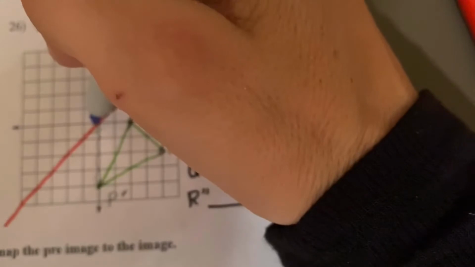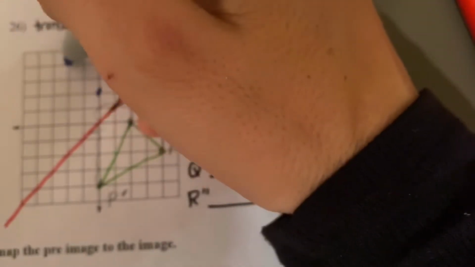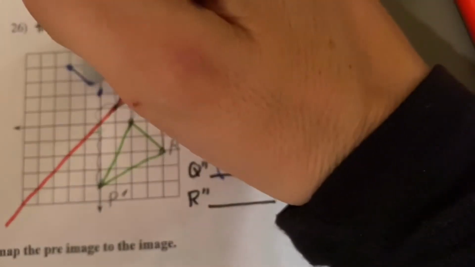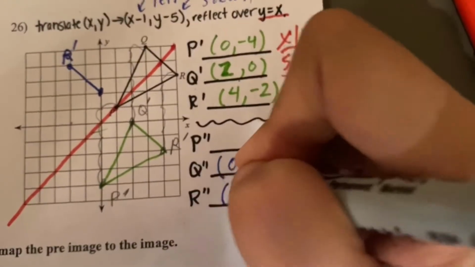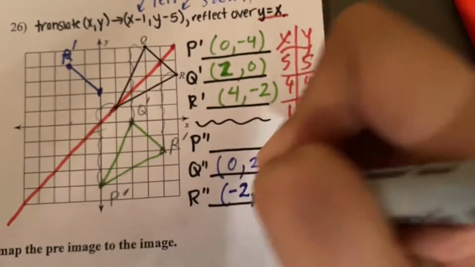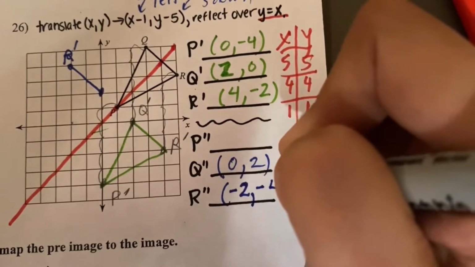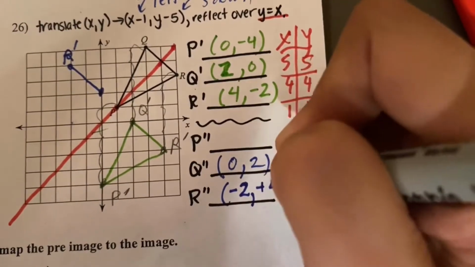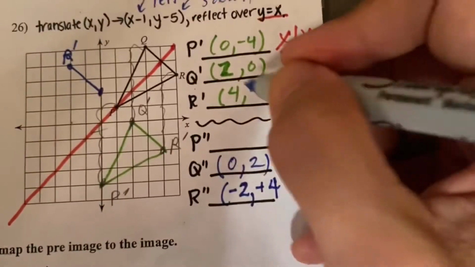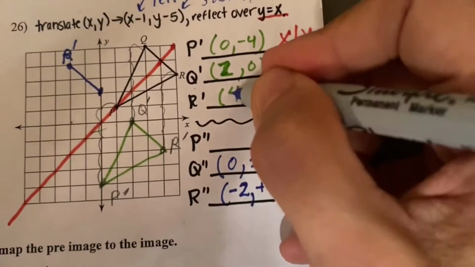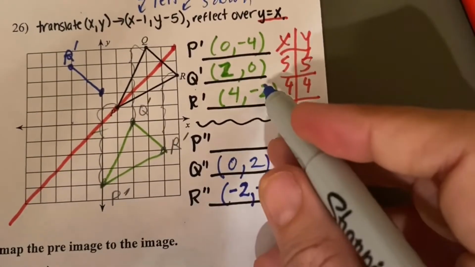R prime, instead of 4, -2, we should have -2, 4. So look, yep, they just swapped places.